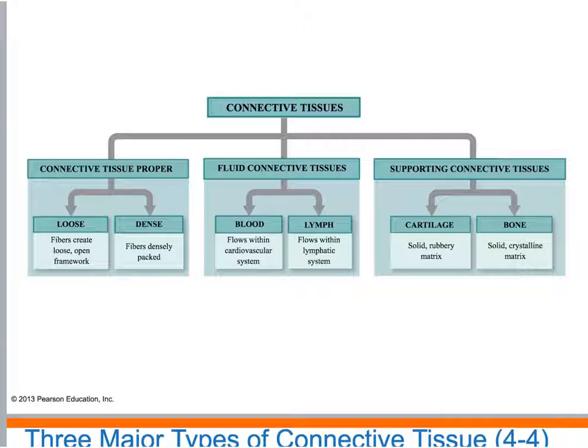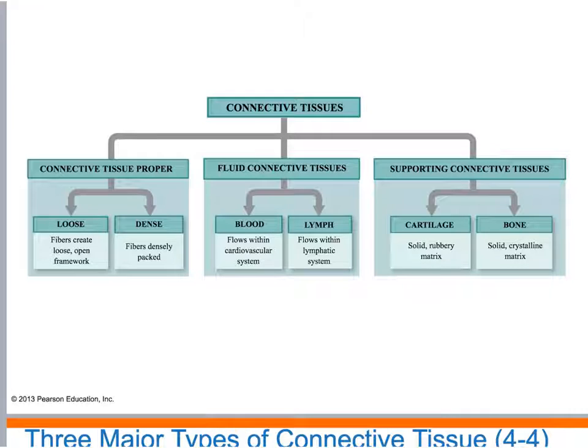This concept map is an excellent description of the connective tissues. It shows the three different types of connective tissues and their examples. So the first type of connective tissue is connective tissue proper. It can be divided into loose connective tissue or dense connective tissue. The second type of connective tissue is fluid connective tissue, and it can be divided into blood and lymph.